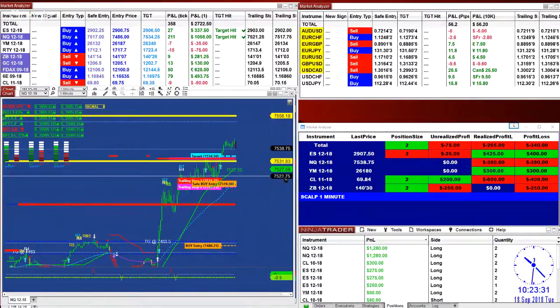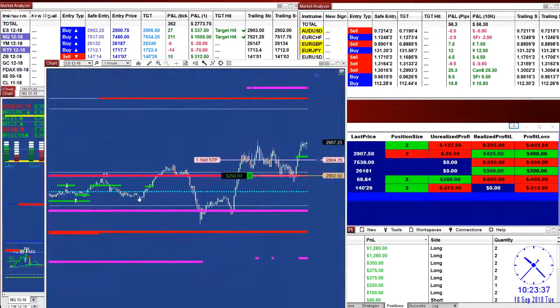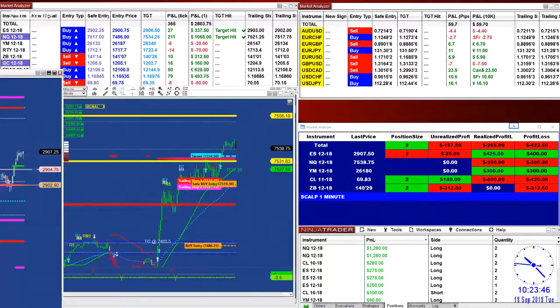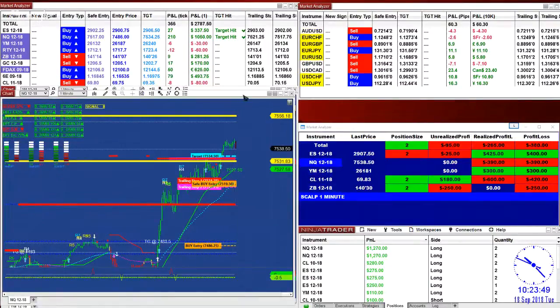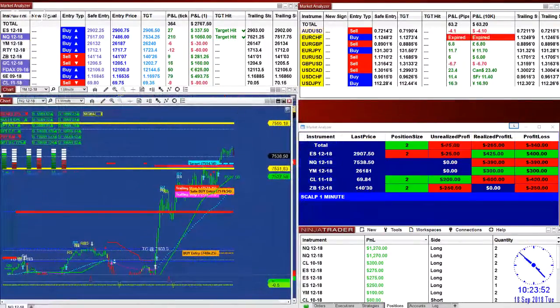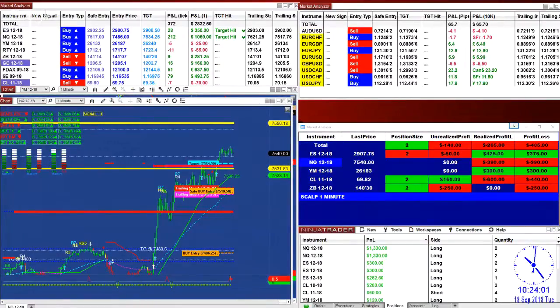Okay, so let's go ahead and follow that ES trade. Keep your eye on the first column here.